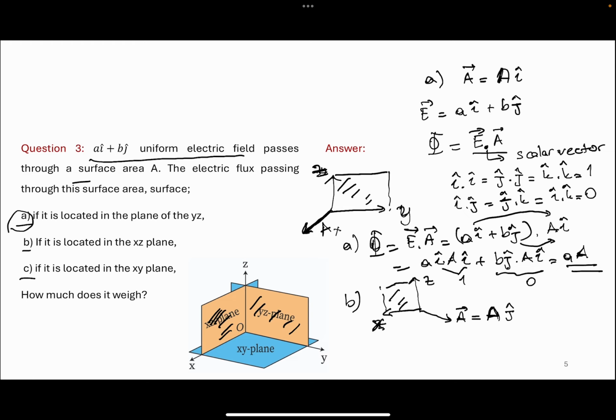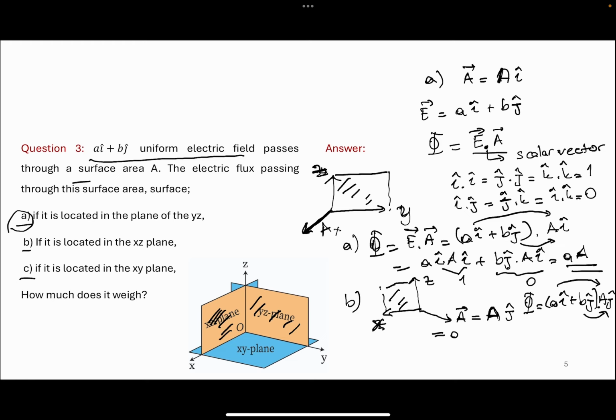So my flux will be the E field dot the surface vector. It must be a scalar, so you multiply this one with this one.